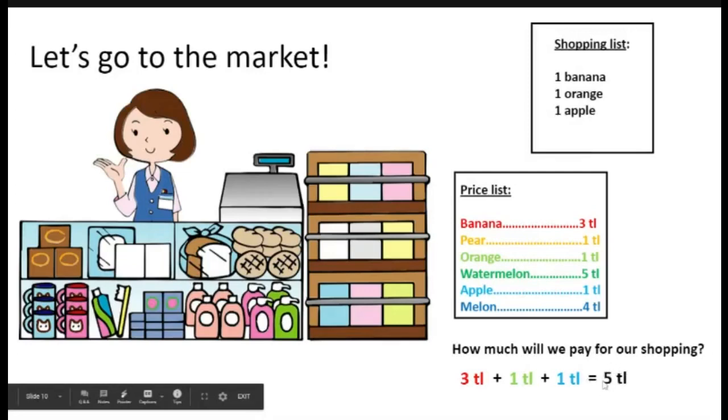It costs 5 lira. We will pay 5 lira for our shopping. We have to give 5 lira.